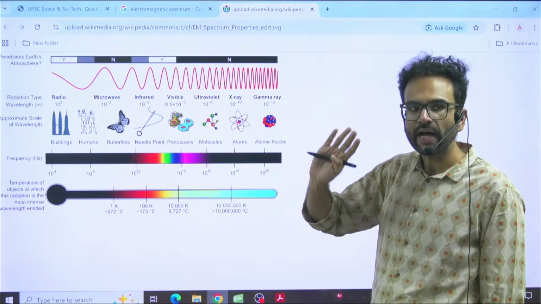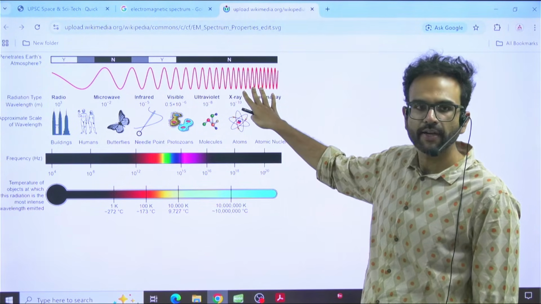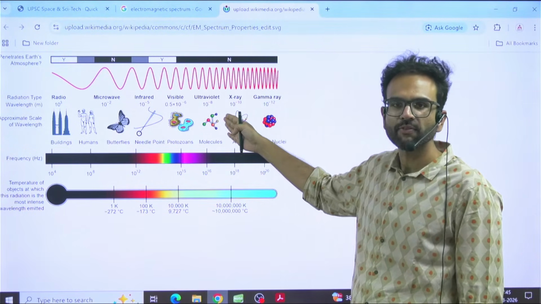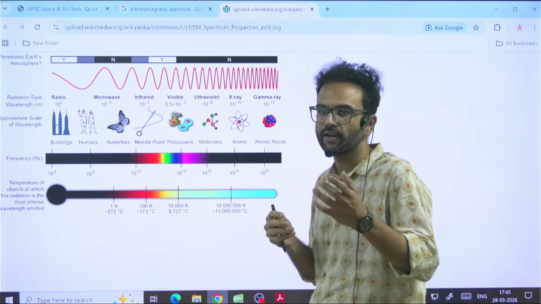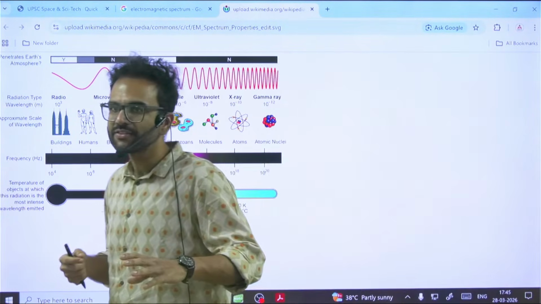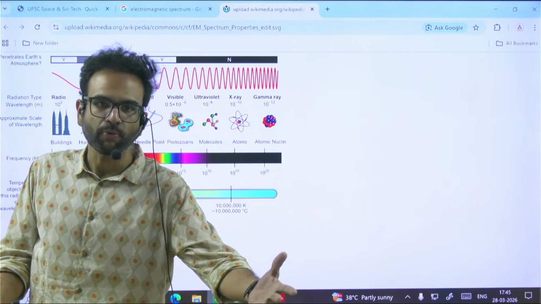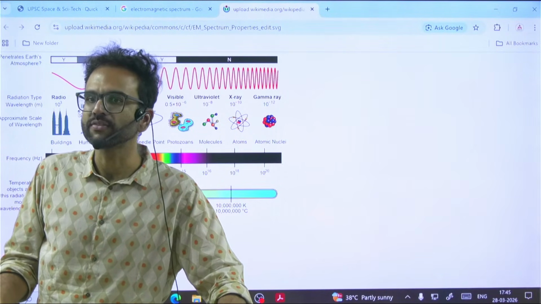If you are in the range of gamma rays, what will happen? That will be the last thing you will be detecting in your life. X-rays also, most likely, provided it is not controlled. If hospitals are exposing us to X-rays, then it should essentially kill us.